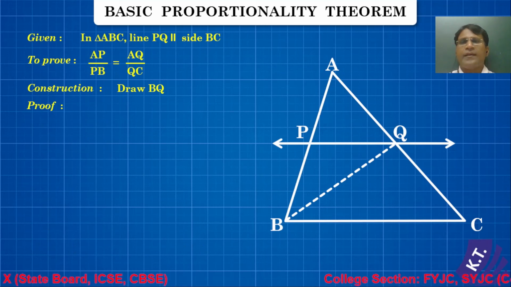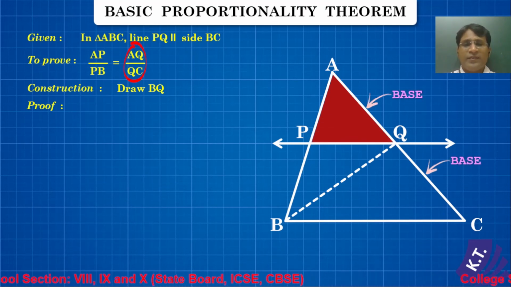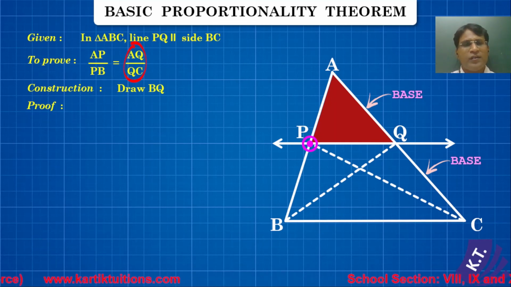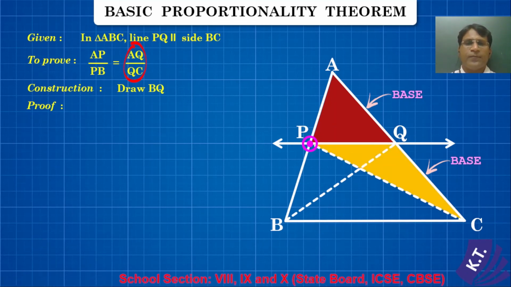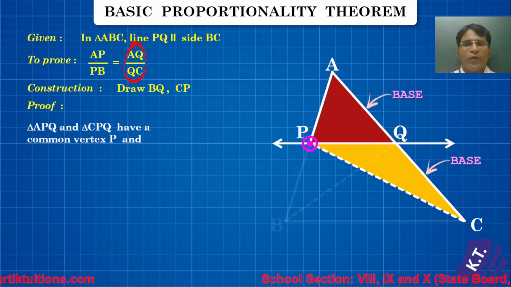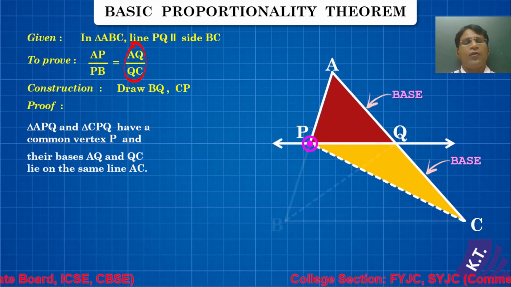Now let's talk about the right hand side. The right hand side is AQ upon QC. Now I can see AQ is my base for triangle APQ. QC is not a base, but I can make it a base if I consider triangle CPQ. So my next step of construction is draw PC. Now if you observe the figure, again triangle APQ and triangle CPQ have a common vertex P, and their bases AQ and QC lie on the same line AC.